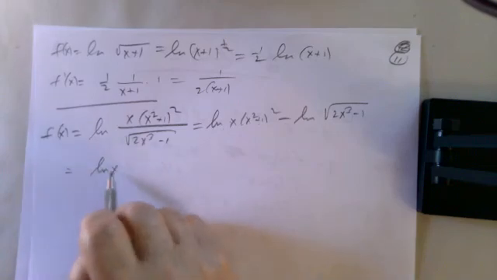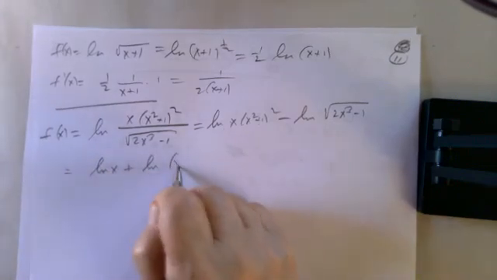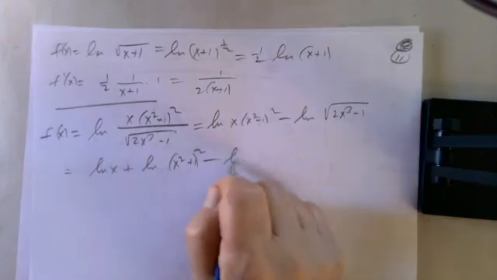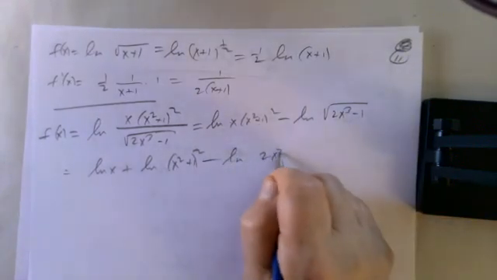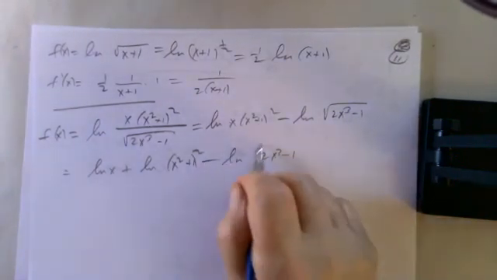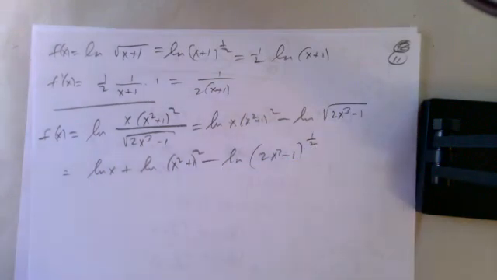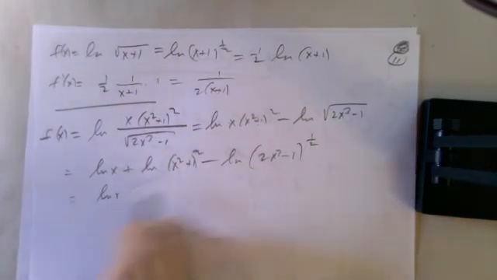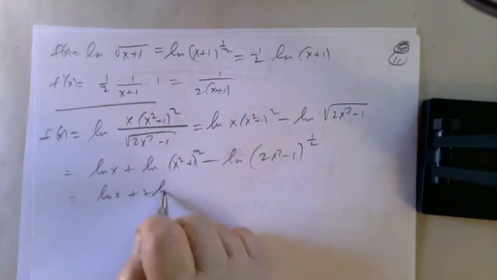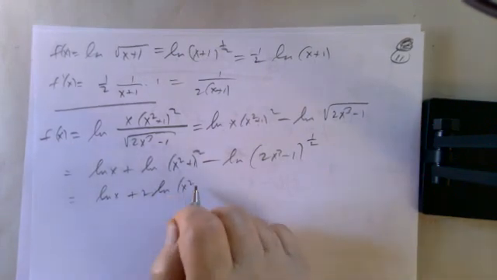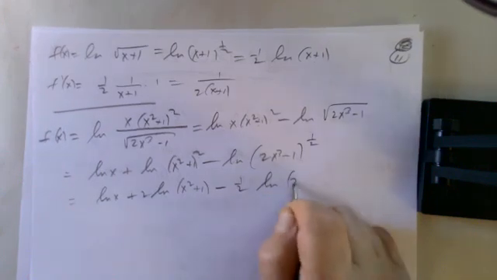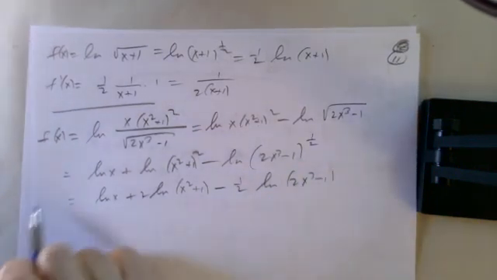So this is log x plus the log of (x squared plus 1) squared, minus the log of 2x cubed minus 1 to the power 1/2. And then we take the powers and put them in front. This is log x plus 2 times the log of x squared plus 1, minus 1/2 times the log of 2x cubed minus 1.